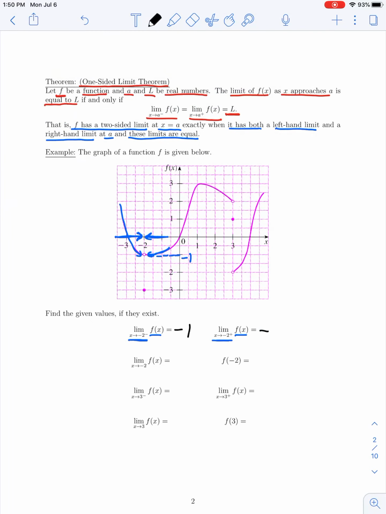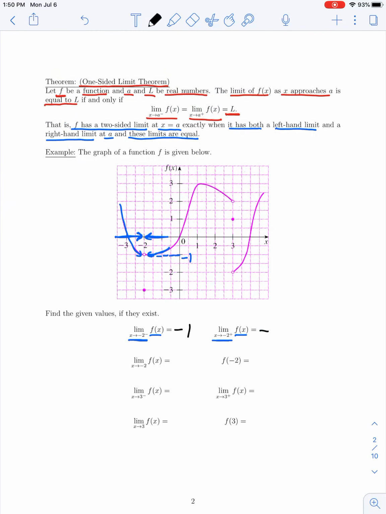Now, in the next part of this problem, we're asked for the value f of -2. So if x is actually equal to -2, we want the corresponding value of our function. And looking at the graph we're given, we see that there was a hole in the graph of f of x, and there is a closed point when x is equal to -2, which corresponds to the point -2, -3.